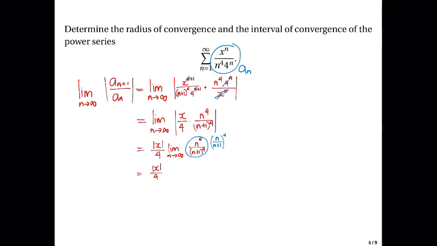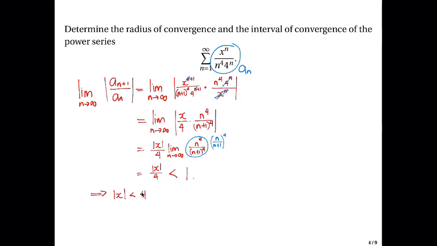Now, we want this series to be convergent. And in order for this series to be convergent, we need this absolute value of x over 4 to be less than 1. So from here, you will get absolute value of x less than 4. And from here, you will see immediately the radius.